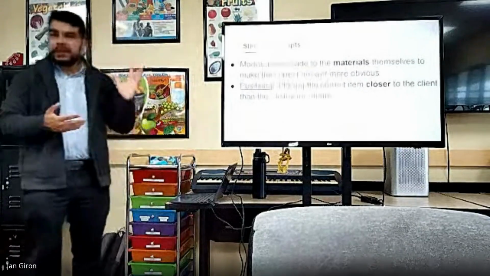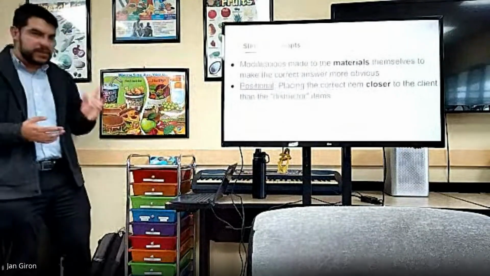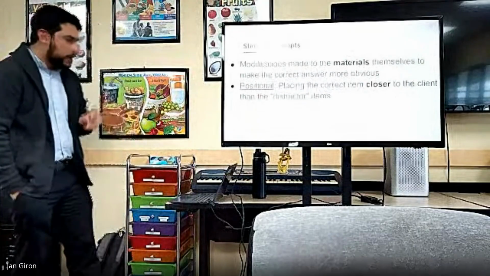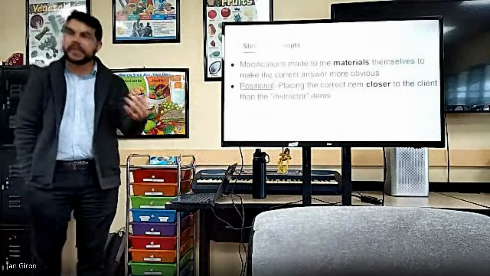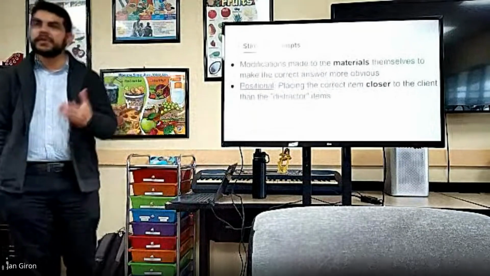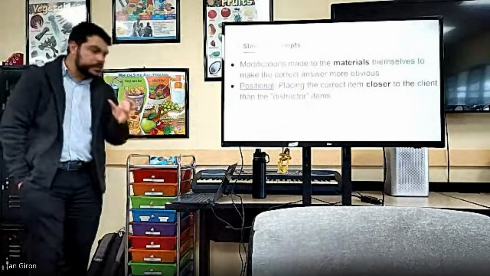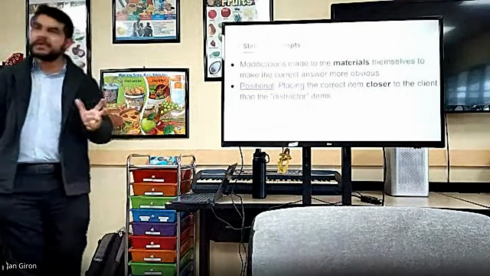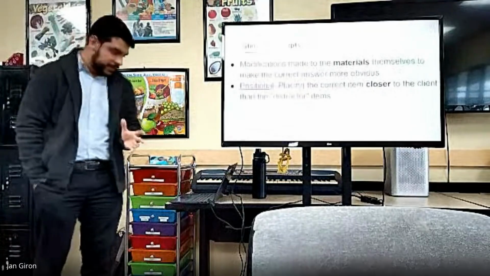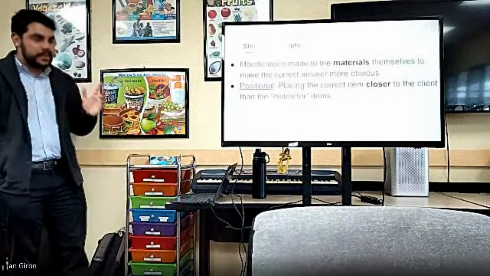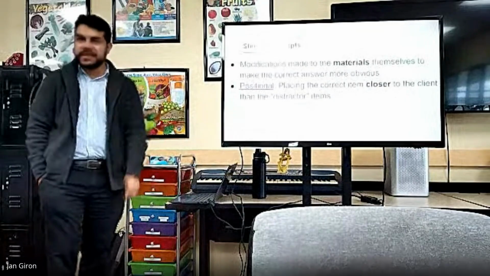Okay, looking at stimulus prompts, these are a little bit less common. Instead of us providing a supplement or the hint required for the client to give the correct response, this is modifying the stimuli or materials in such a way to make the answer more obvious. And stimulus prompts come in 3 distinct flavors.